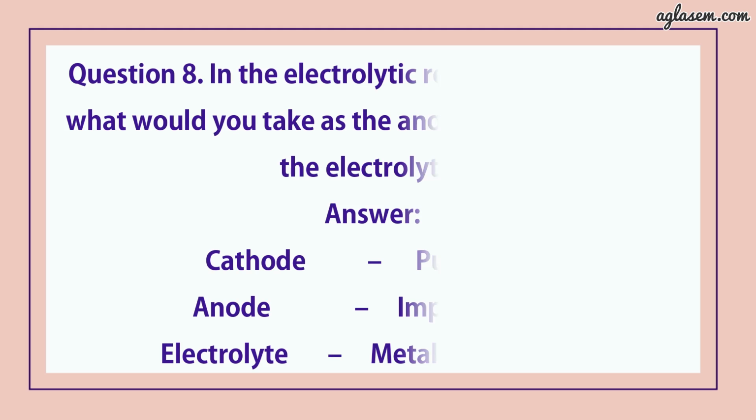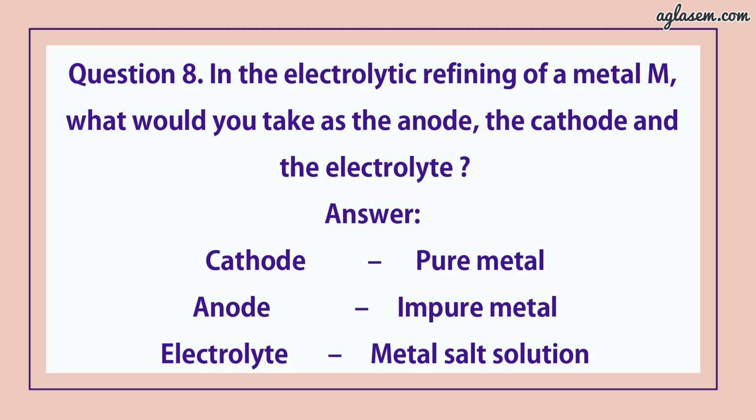Now question number 8 says, in the electrolytic refining of a metal M, what would you take as the anode, the cathode and electrolyte? The answer is, cathode will be pure metal, anode will be impure metal, and the last one, that is electrolyte, will be metal salt solution.